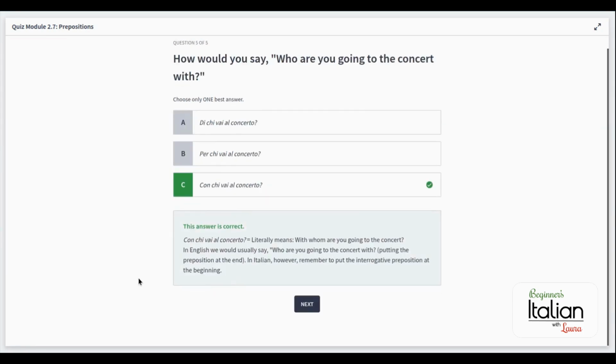Okay, so the correct answer was C. Con chi vai al concerto literally means with whom are you going to the concert? In English, we would usually say, who are you going to the concert with? Putting the preposition at the end. In Italian, however, remember to put the interrogative preposition at the beginning.